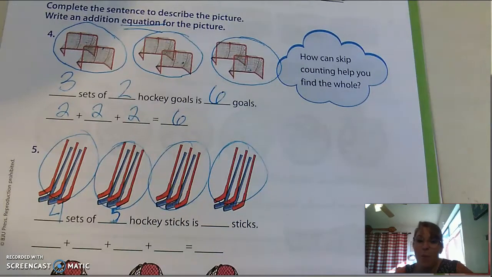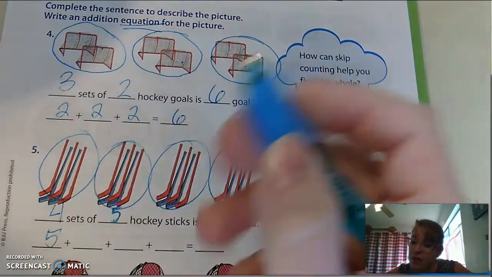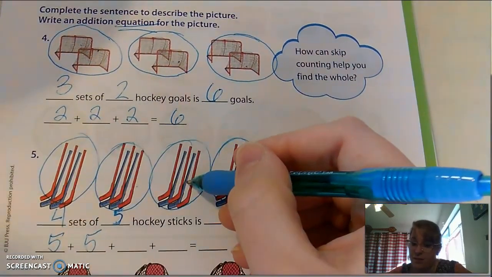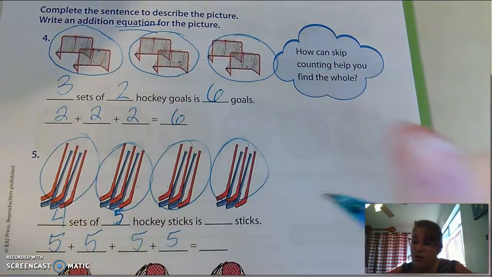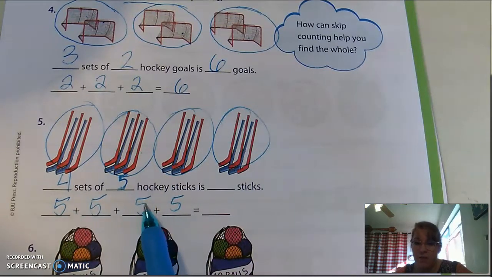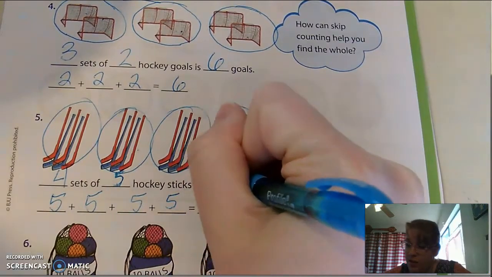So let's count by fives. I have 5 here, plus another 5, plus another 5, plus another 5. 5, 10, 15, 20. Cool, 20 sticks.